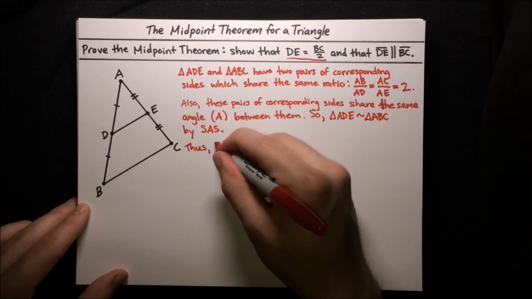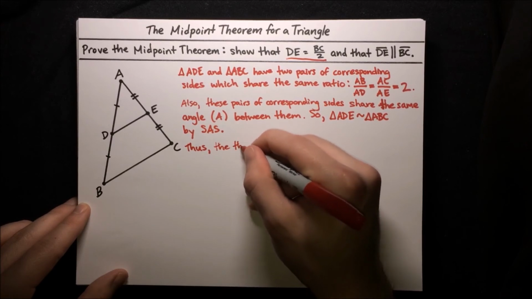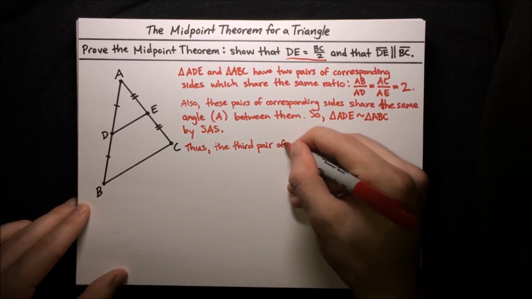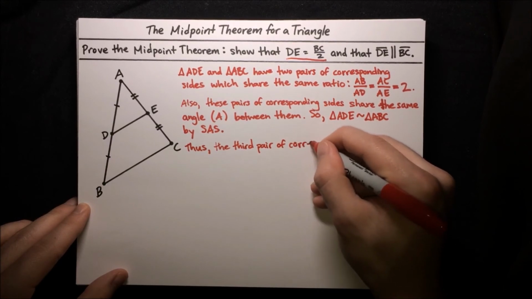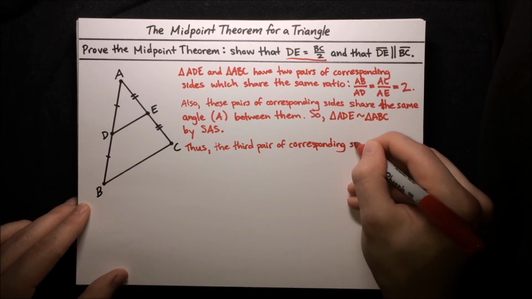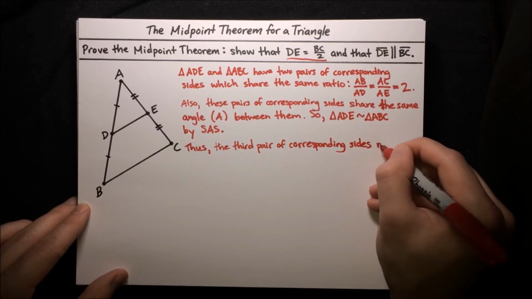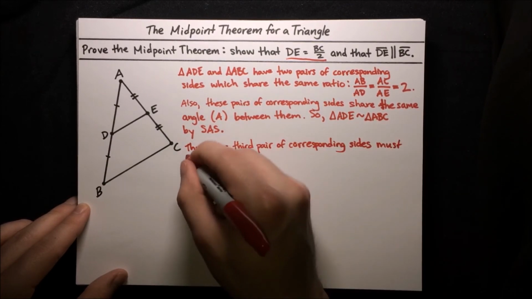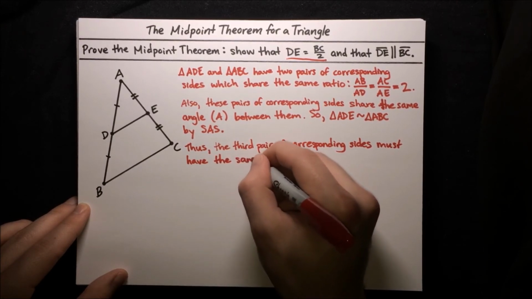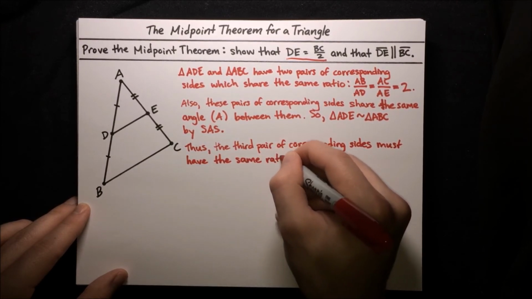Thus, as a consequence, the third pair of corresponding sides must have the same ratio.